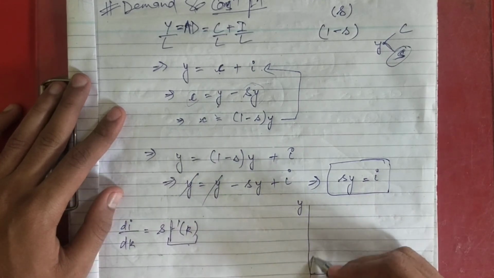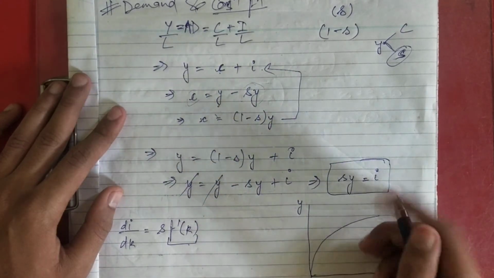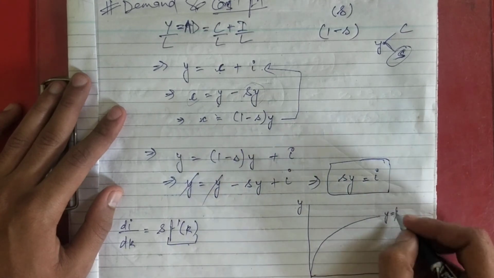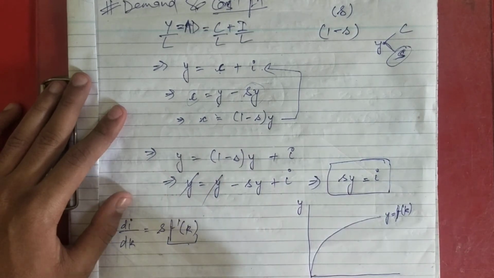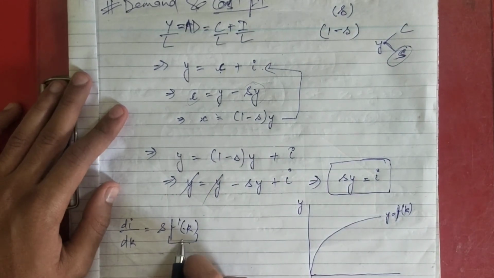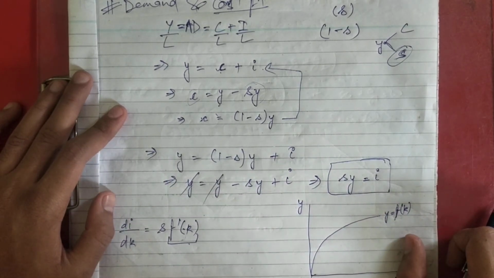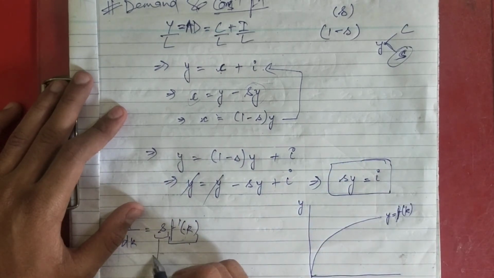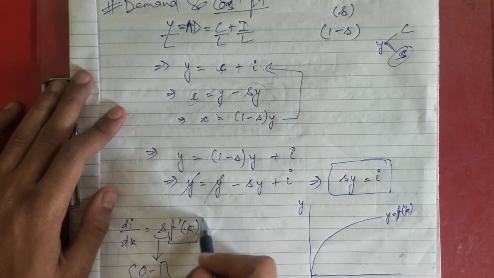You know that the production function looked like this due to the law of diminishing marginal returns, y is equal to f of small k. This was the slope of the production function. Now we will see whether the slope of the consumption function is more or less than that of the production function. s is a proportion between 0 and 1, and if you multiply by any value between 0 and 1, it will decrease the whole value.